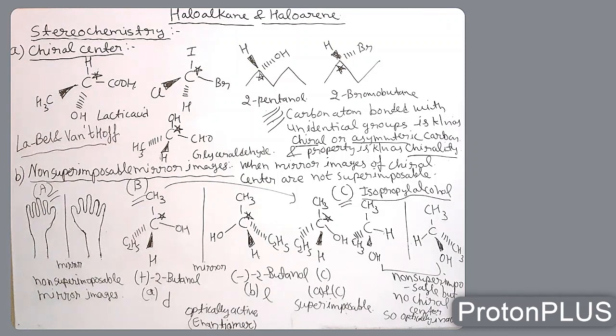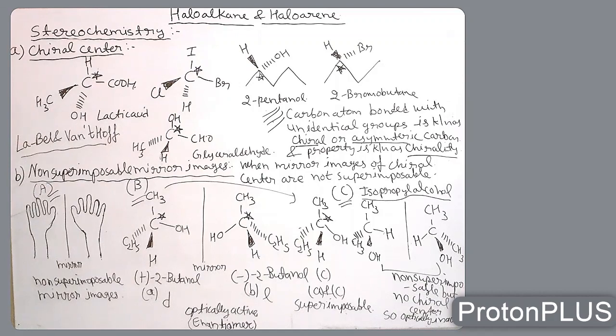Next we will take the second requirement for optical activity, that is non-superimposable mirror images. When mirror images of a chiral center are not superimposable, then this is the second requirement of optical activity.